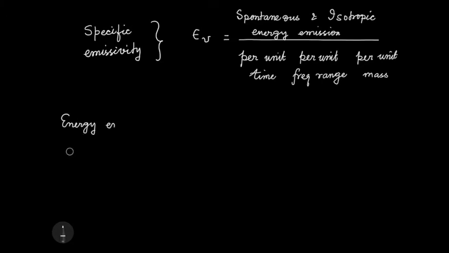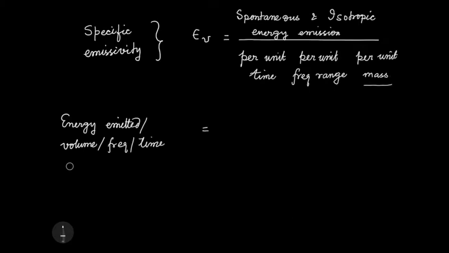So if I ask the question now, the energy emitted, which is the same as the energy added, but let us keep it as energy emitted for the time being. So, energy emitted per unit volume per unit frequency interval per unit time. I'm writing shorthand for the time being. How much will this be?